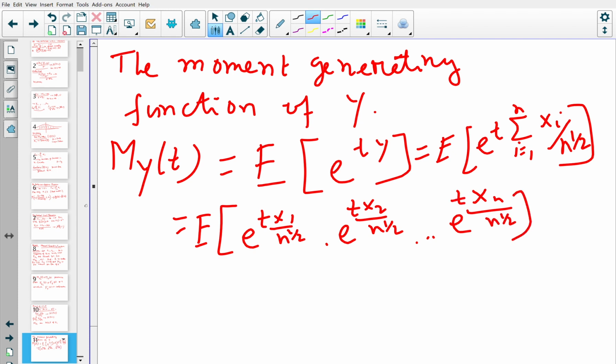And now note that these random variables X1, X2, ..., Xn are IID, so they are independent. So the product of moment generating functions is the moment generating function of the sum.